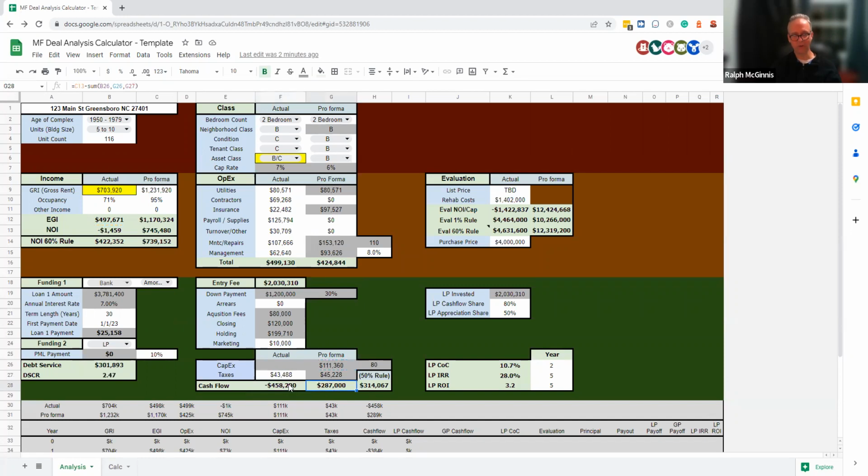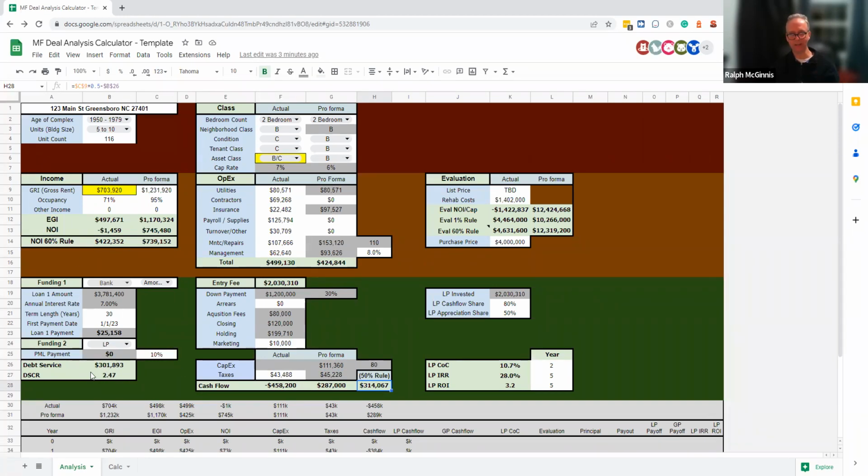So we're looking at pro forma right now because the actual cash flow was negative because they had a negative NOI. But you can use the 50% rule, which is very similar to the 60% rule that we previously talked about, to come up with the cash flow number. Because the NOI does not include subtracting out the CapEx, the taxes, and the debt servicing, it's at 60%.